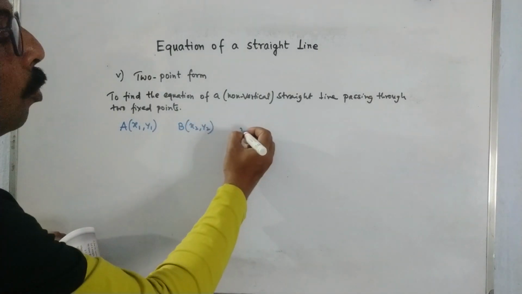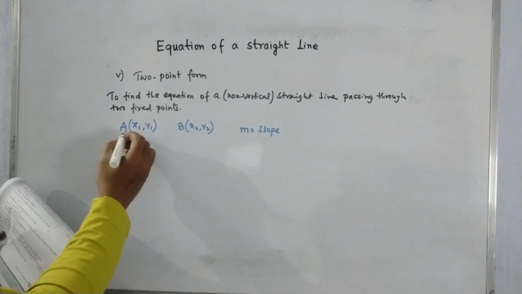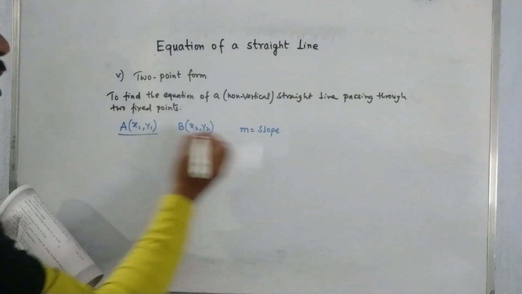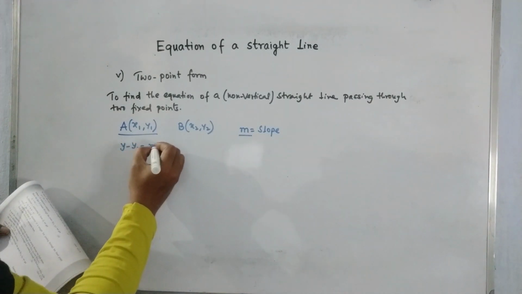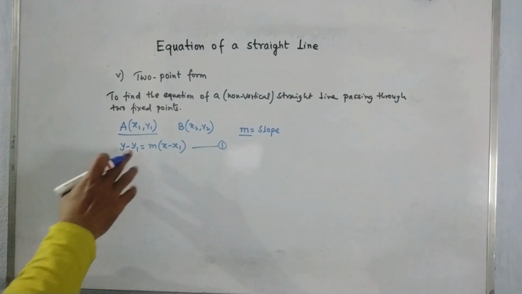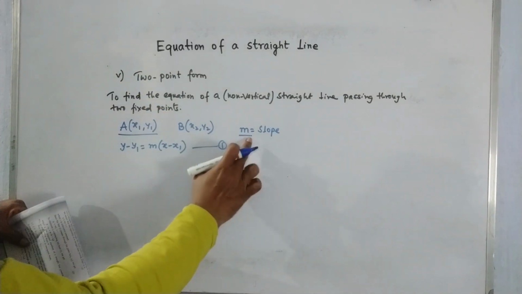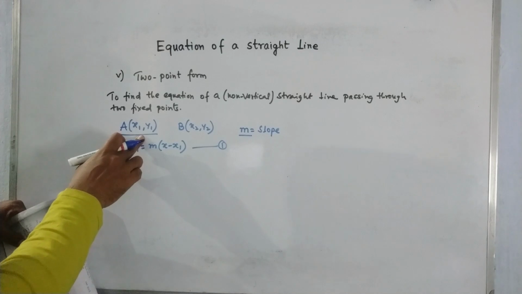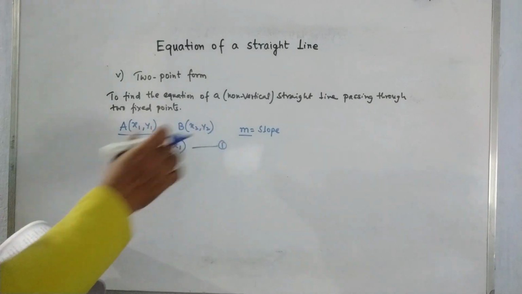If m be the slope, then the straight line passing through point A and having the slope m has the equation y minus y1 equals m into x minus x1. This is equation number one. We are writing the equation of the straight line having slope m that we have considered, and it is passing through that point A, x1, y1.